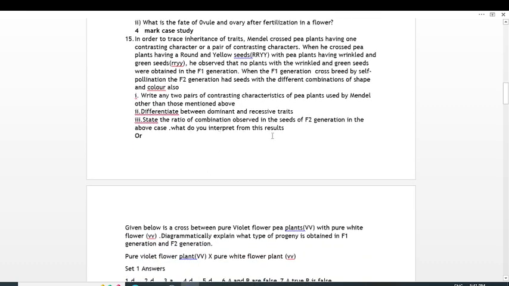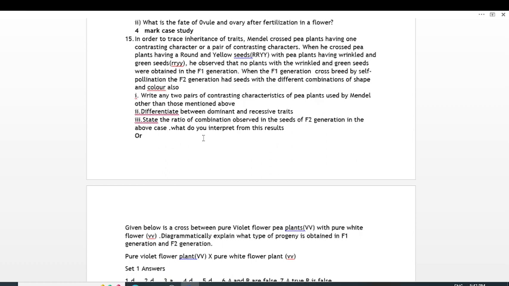State the ratio of combinations observed in the seeds of the F2 generation in the above case. What do you interpret from the results? So we got 4 different varieties of plants. Here you want to mention Mendel's law of independent assortment.